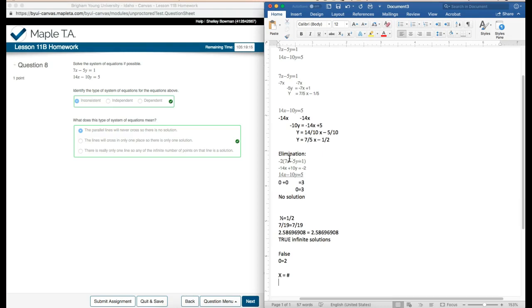So this is just another method, and this way you do have to memorize what you end up with as your solution. If I end up with something crazy, it means that they are parallel and they won't ever cross. If you end up with something true, whatever it is, then it's dependent and I have an infinite number of solutions. And if I end up with an answer, well then it's the answer and it's independent.